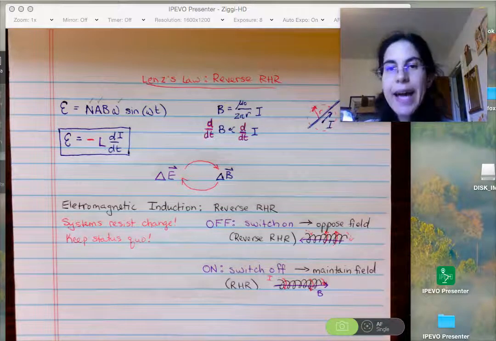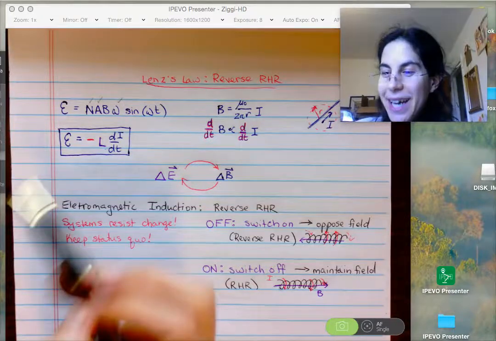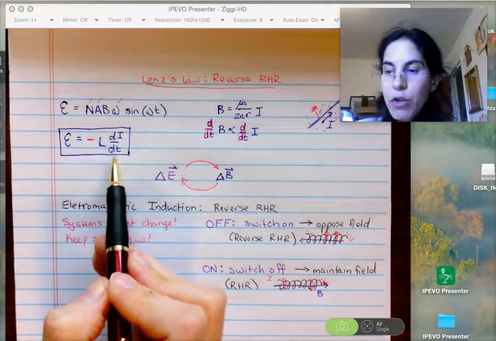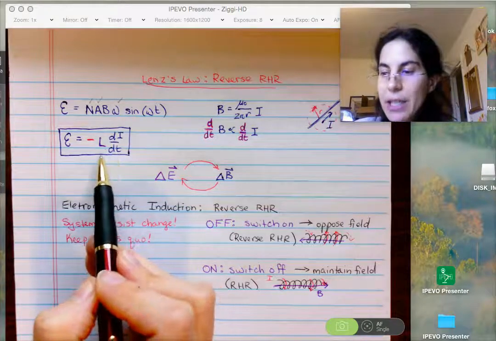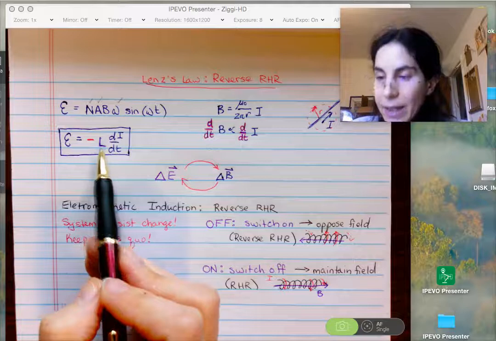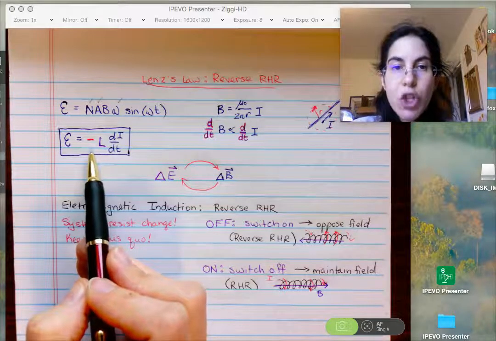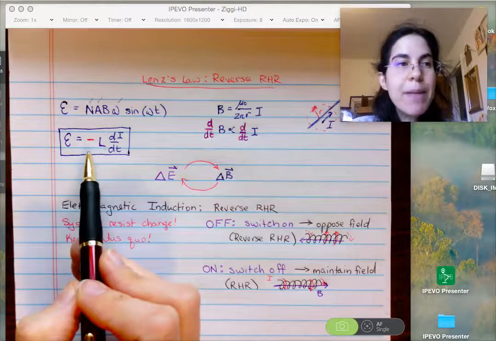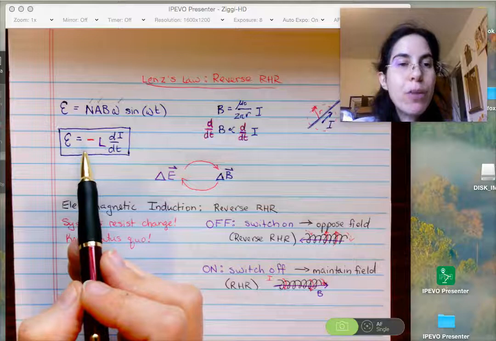Over time, this process dies down. Why? Because if the system is 100% successful in resisting the change, if the inductance is so big that L di/dt pushing an equivalent EMF, this is called a back EMF because it's pushing backwards against the voltage of whatever battery you have.